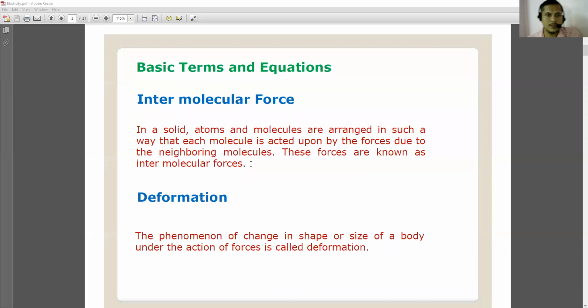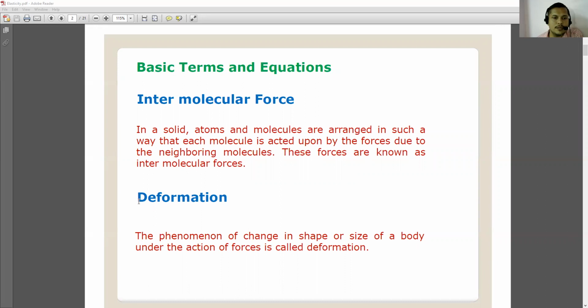So let us try to understand this one. In a solid, atoms and molecules are arranged in such a way that each molecule is acted upon by the forces due to the neighboring molecules. These forces are known as intermolecular forces.